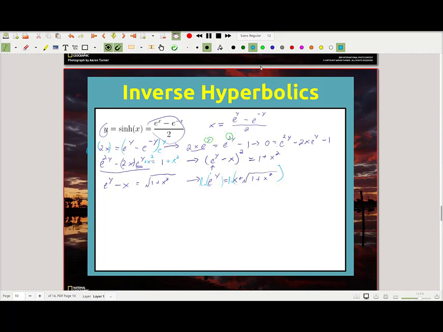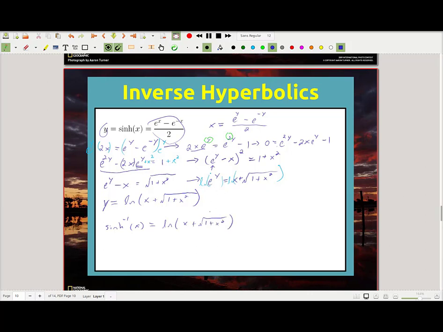Alright, so that leaves me with y equals ln of x plus square root 1 plus x squared. So that means if the original function was sinh, sinh inverse of x, that's what we solved for, is natural log x plus root 1 plus x squared.